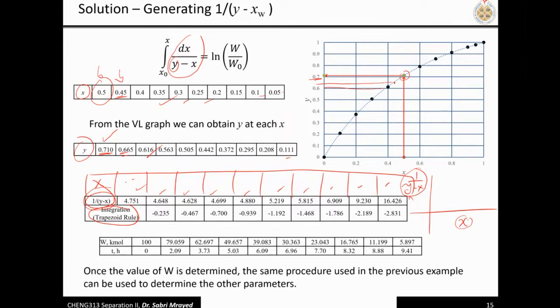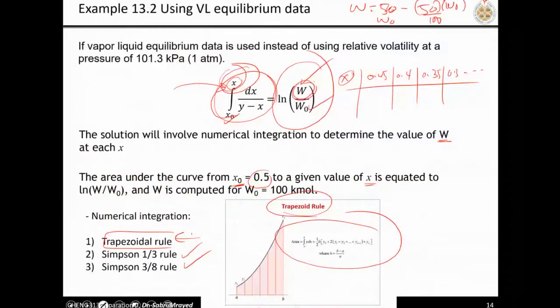You have x here, which is 1, 2, 3, 4, 5, 6, 7, 8, 9, 10. Sorry, 0.5, 0.35. So you have x and you have f of x. So this is your f of x here, and this is your x. And you can go back and see what the integration will be.